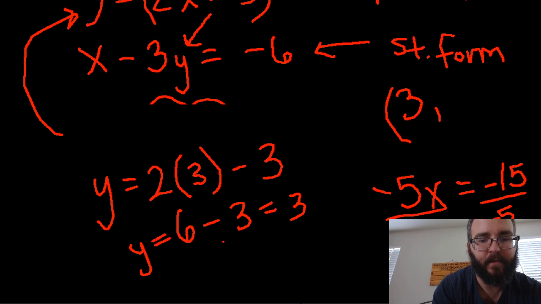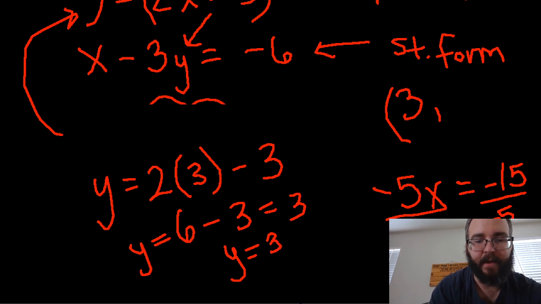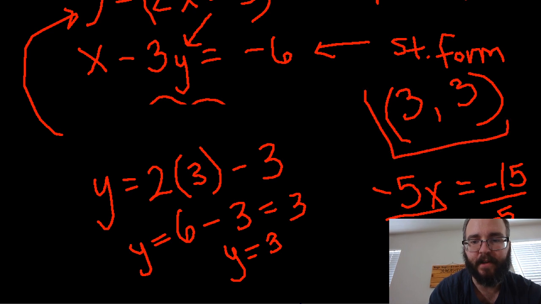So therefore, y equals 3. If we have an x and we have a y, then we have an x and y coordinate, also known as an ordered pair. And this is our answer.